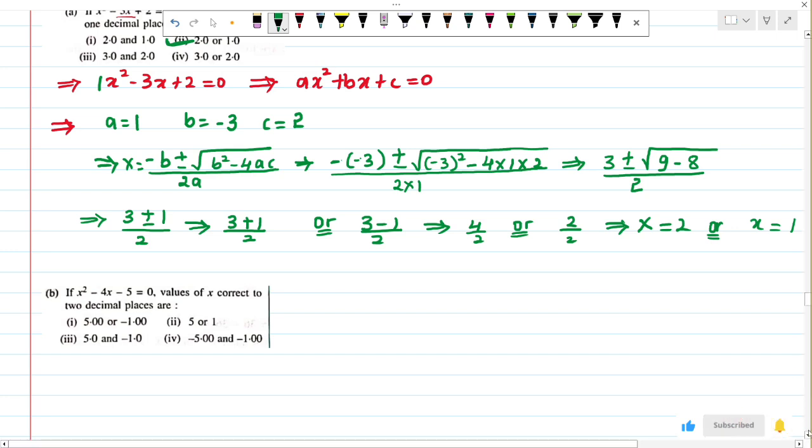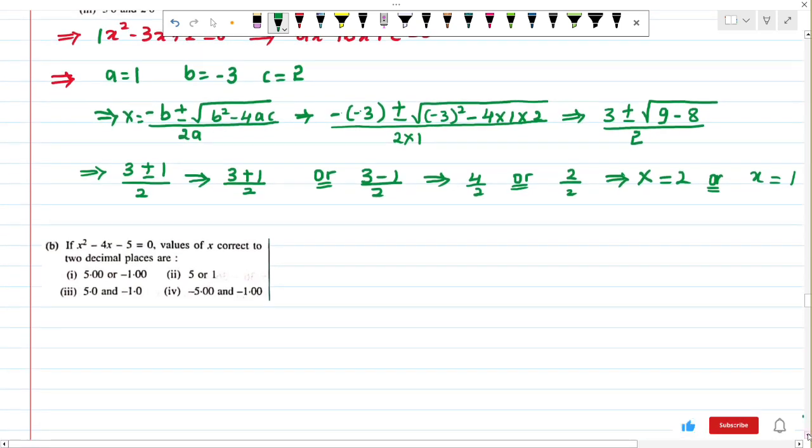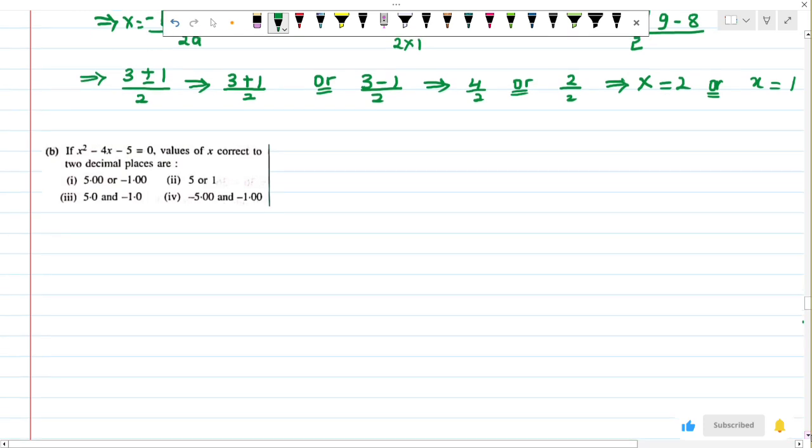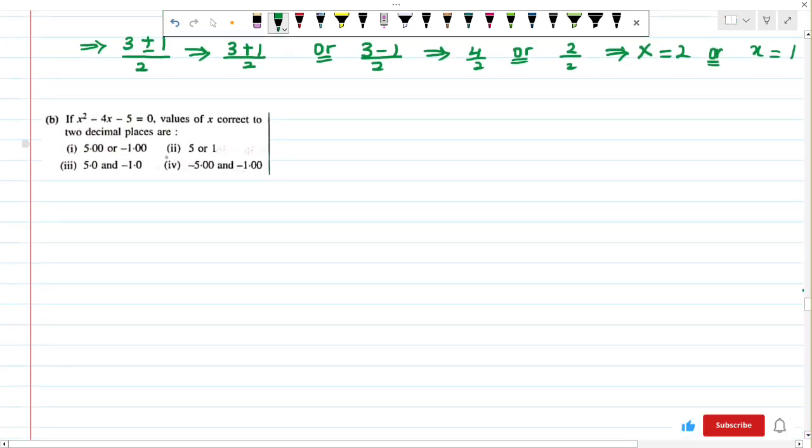Yes, so the next question is if x square minus 4x minus 5 is equal to 0, again we will find the value of x here. So the equation, I'll write it down, x square minus 4x minus 5.